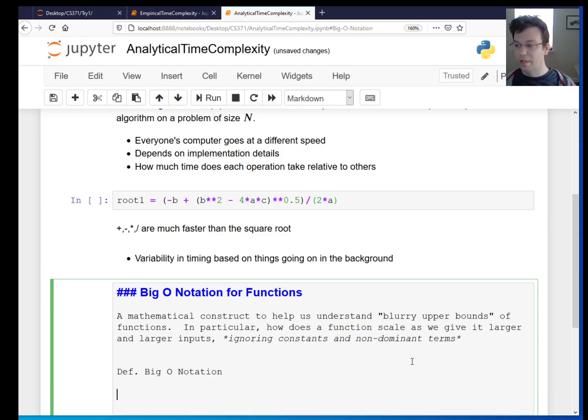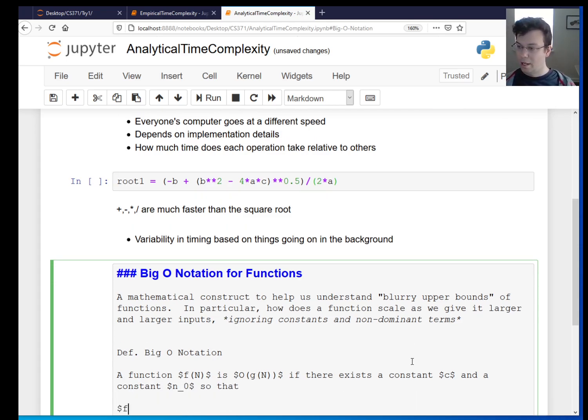We say that a function f(n) is big O of another function g(n) if there exists a constant c and another constant n0, so that f(n) is less than or equal to c times g(n) for all n greater than or equal to n sub 0.